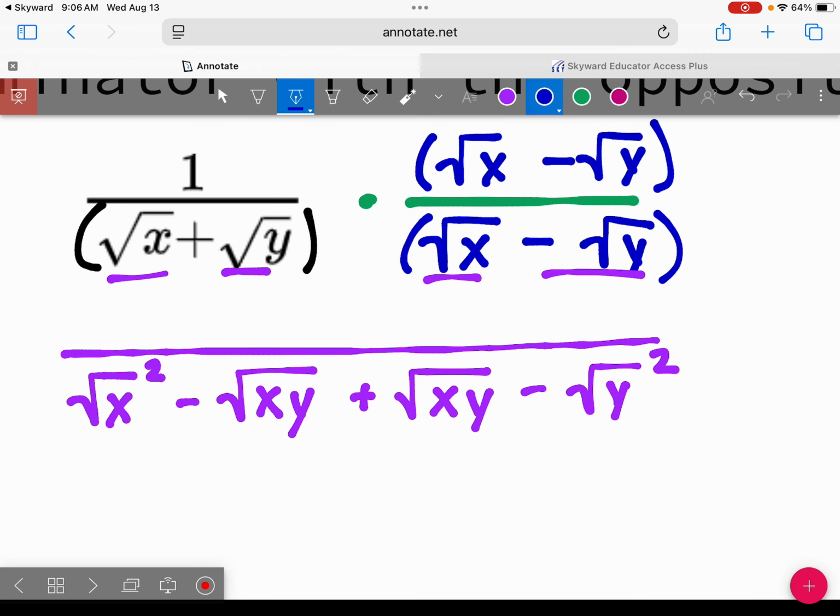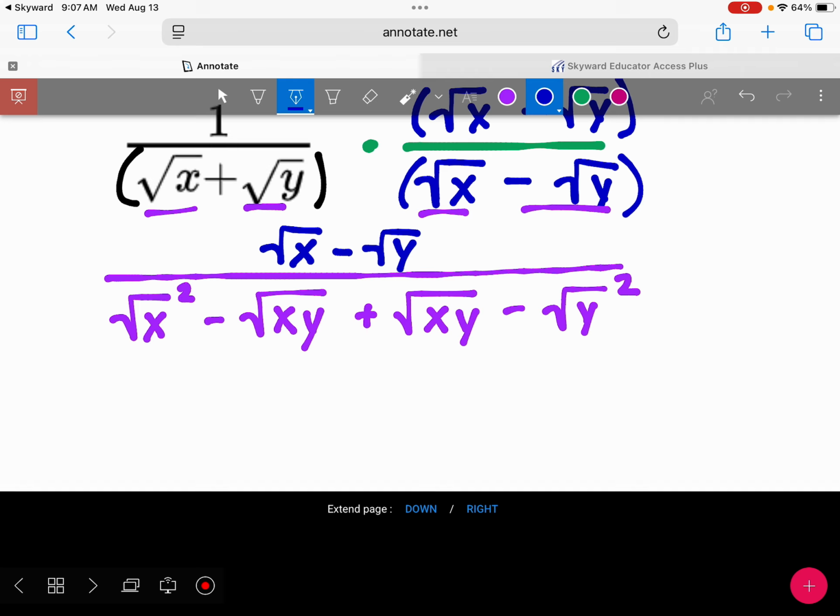Our numerator is exactly what we had on the top, our 1 times this hot mess. It's kind of gross, but it's there. It's a thing. But if we look at our denominator here, square root of x squared, that's just x. So we're going to have our x.